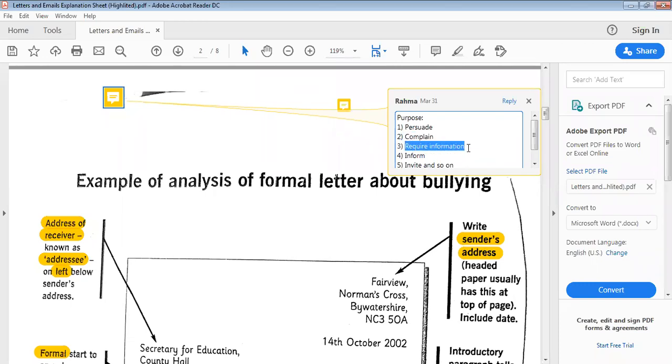You need more information about a competition, for example, or anything else. You can write a letter to inform, to give someone information, or you can write a letter to invite someone to a party, for example, or anything else. So the purpose can be a number of things, depending on why you are writing this letter, okay?